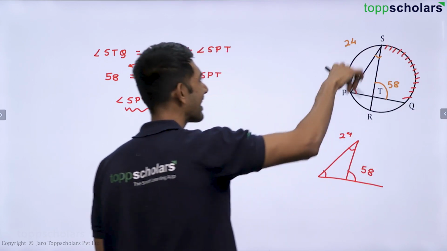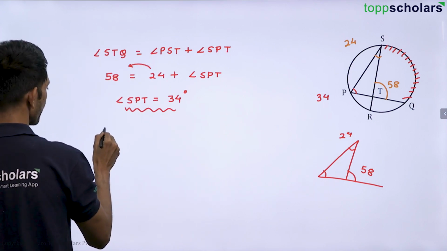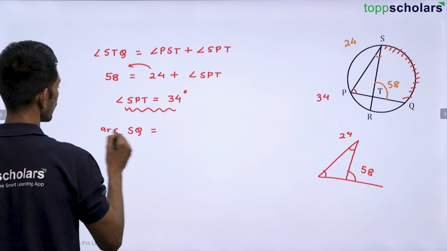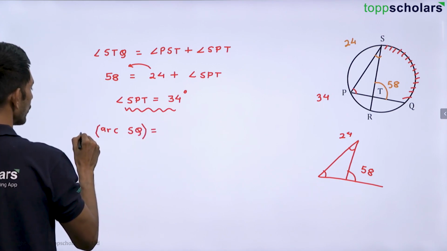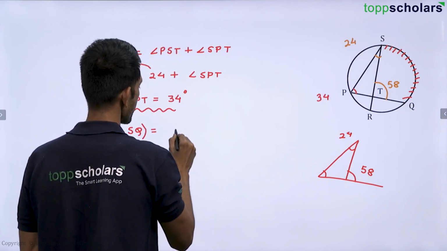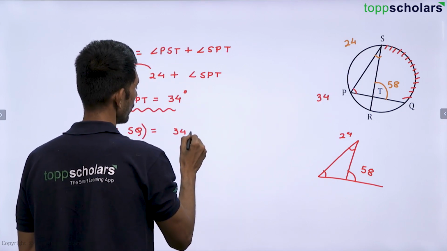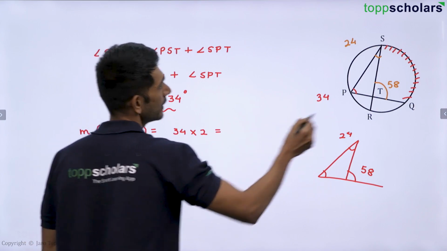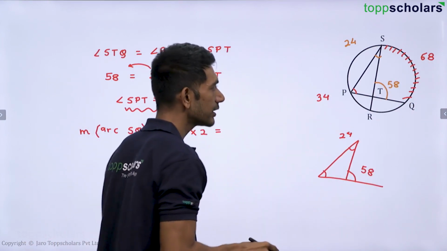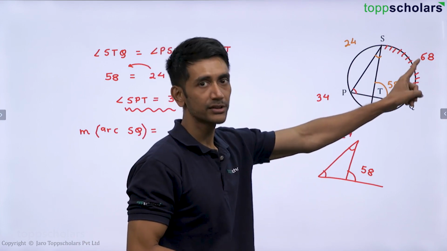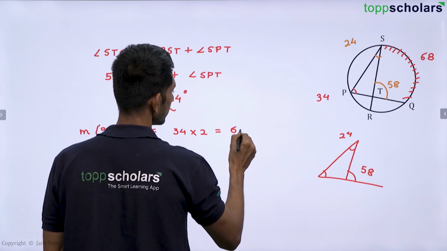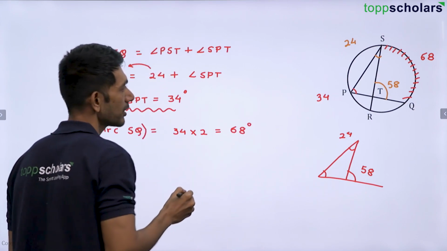Can I say arc SQ? Anyways this is an activity based question, so we are going to fill the activity. So measure of arc SQ will be 34 multiplied by 2, that will become 68, because by inscribed angle theorem this angle is half of the arc, so this arc is double of this angle, so this is 68 degrees, correct?